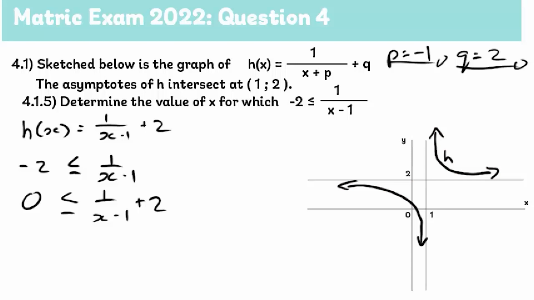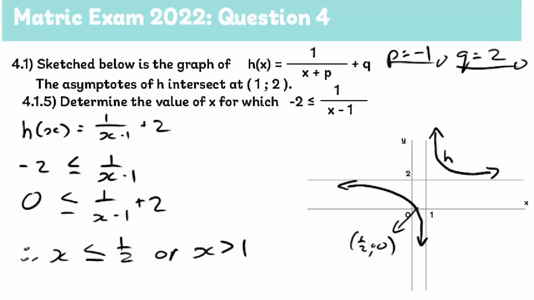At the same time, we learned in question 4.1.2 that the coordinates of this point are 1/2 and 0. Therefore, we can say that x is less than or equal to 1/2, or when x is greater than 1, it'll be greater than 0.